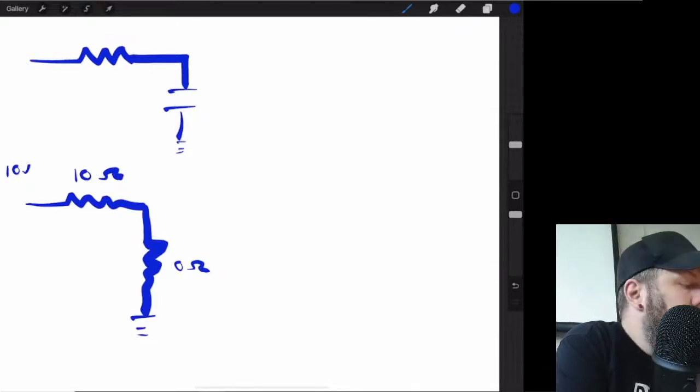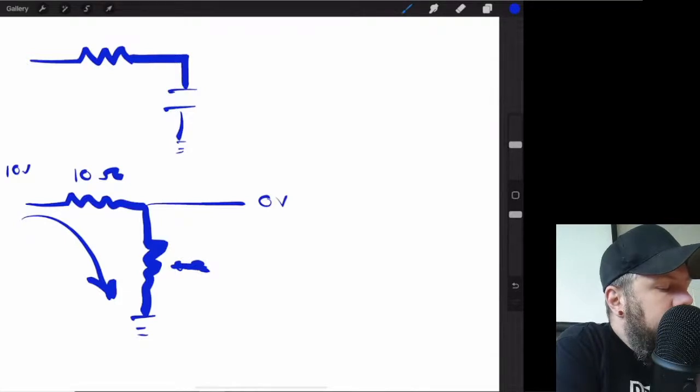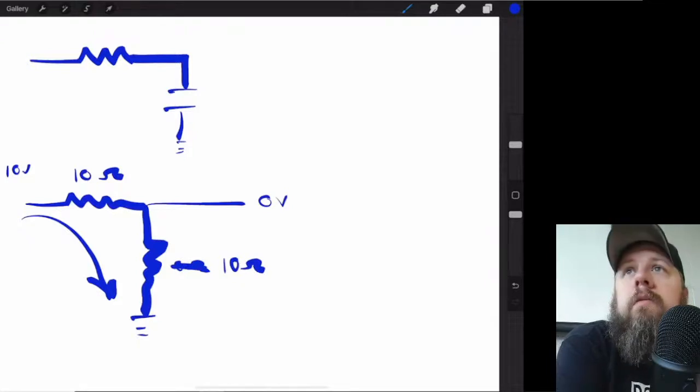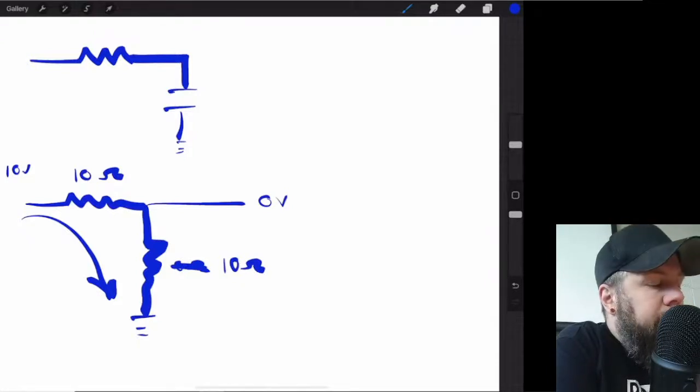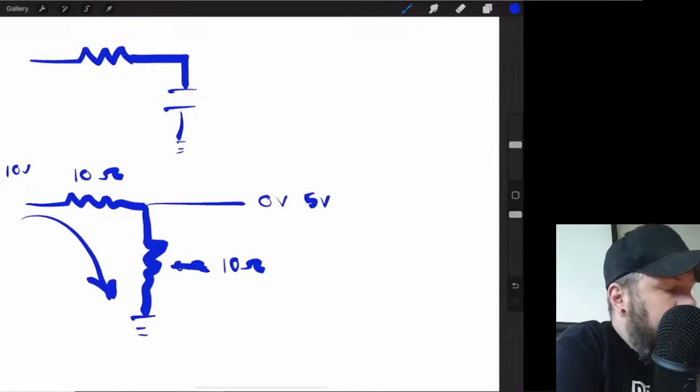Well, we've done voltage dividers, and what are we getting out here? 0 volts, right? As that frequency goes down, the resistance goes up. At some point, it's going to equal that resistance up there, and we get 5 volts out, right? Because we've got 10 ohms and 10 ohms.